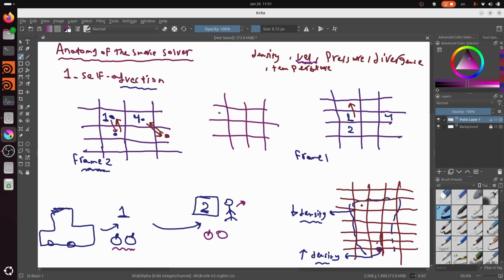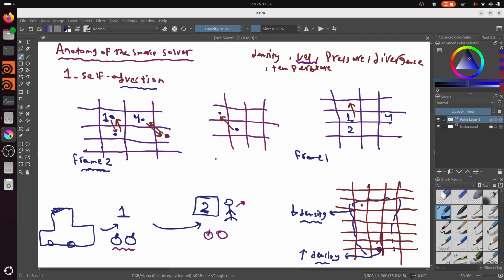For each of these voxels, Houdini will go backward in time with the velocity field. And for example, if this is your velocity field, Houdini will go backward and see, yeah, this value of this voxel was supposed to be at this place here in the previous frame.